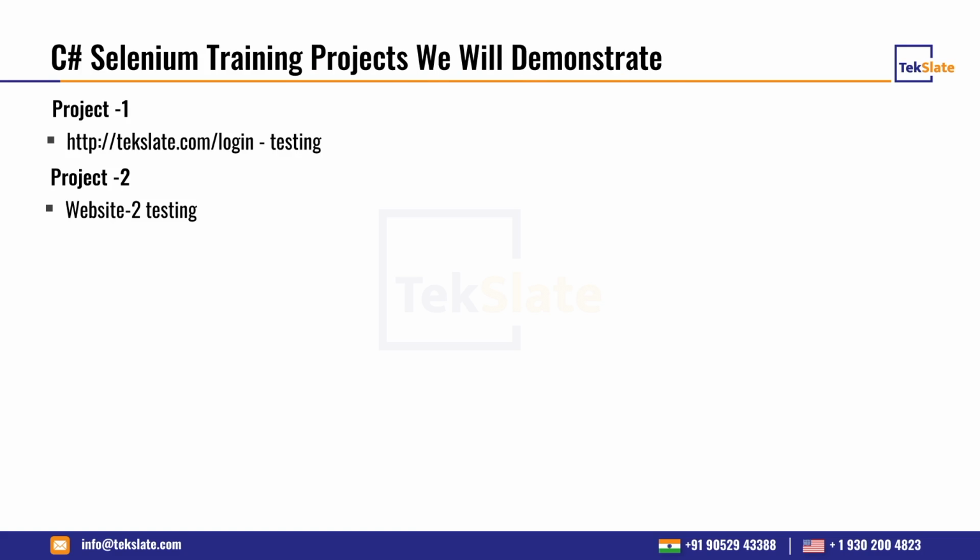Then the projects we will be demonstrating. Finally, after completing the course, we will be demonstrating the project. We can take any website and automate it if we have the permission to access that particular website, like Facebook, Twitter, LinkedIn, Naukri, any website you can automate on your own.